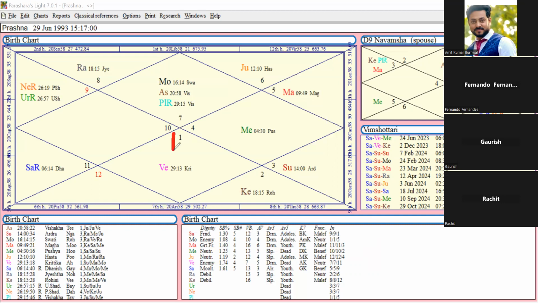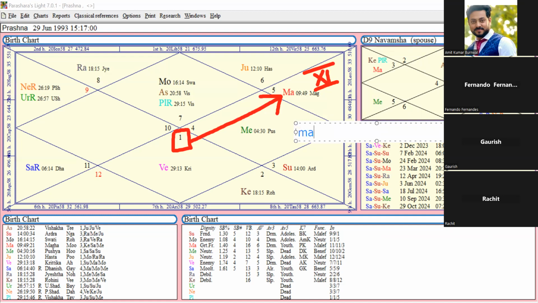Now, the sign of the 7th house is Aries, the first sign, and Aries is ruled by Mars. And Mars is sitting in which house? Can someone tell me? 11th house, house of gains. The 11th house is the house of friends, and Mars is the planet of warrior, fighter, conflict.